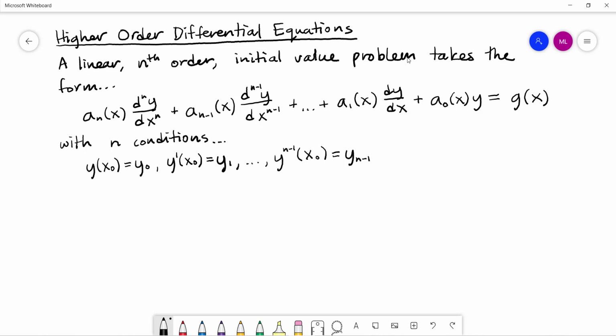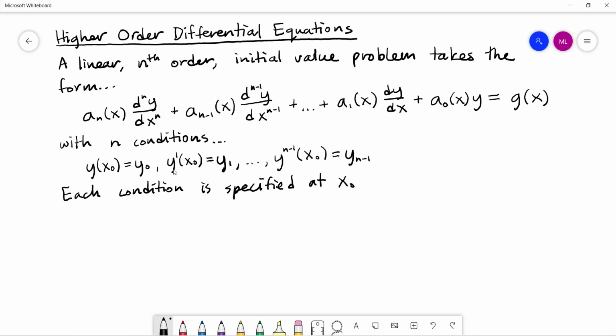And for it to be an initial value problem, all of these conditions are specified at the same value of x_0. That's what makes them initial conditions. So each condition is specified at x_0. So that's one thing you'll notice.